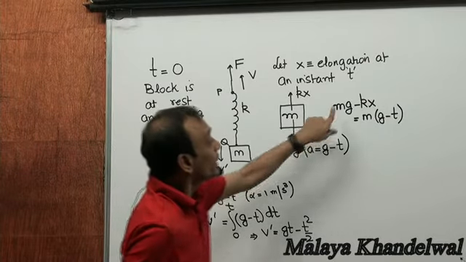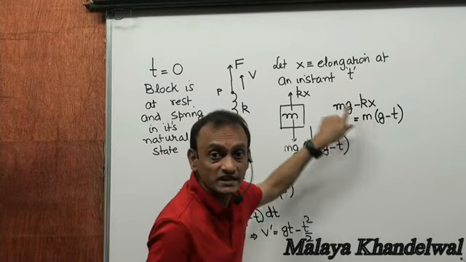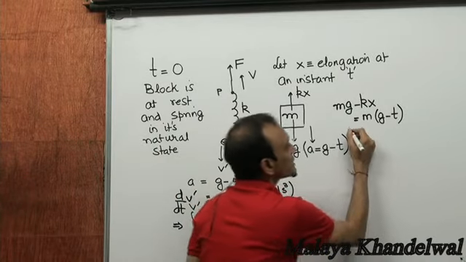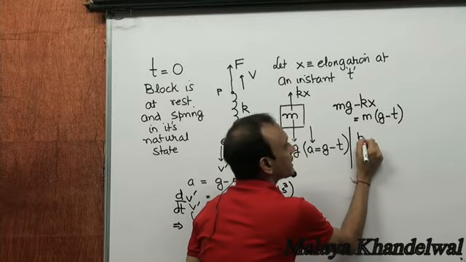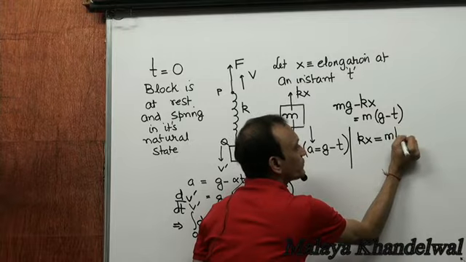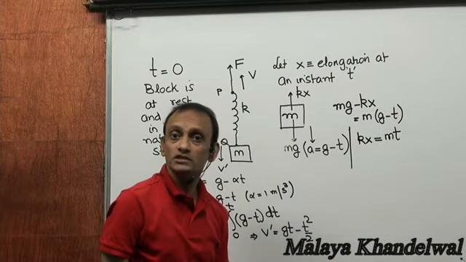Now, very clearly, mg gets cancelled from both sides. If mg gets cancelled from both sides, I end up getting kx equal to mt. This is what we get.